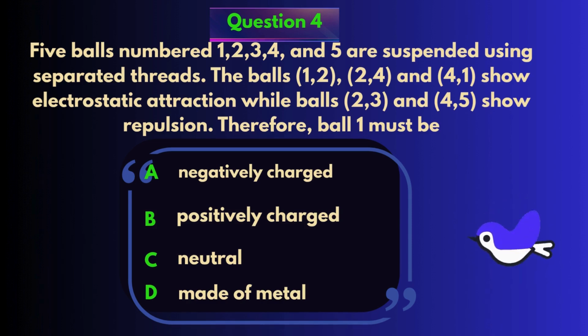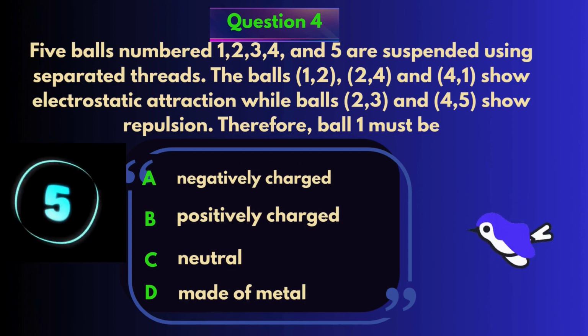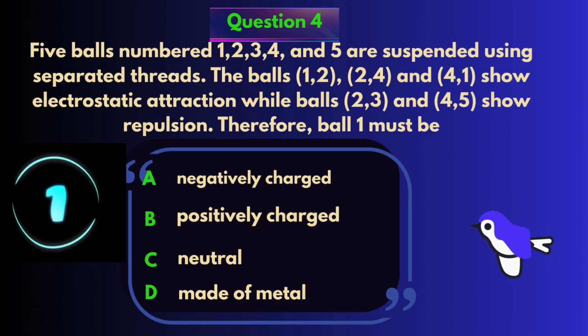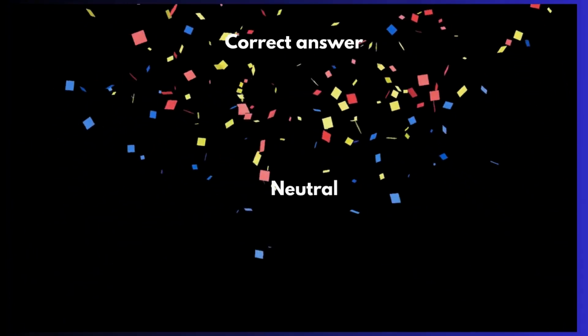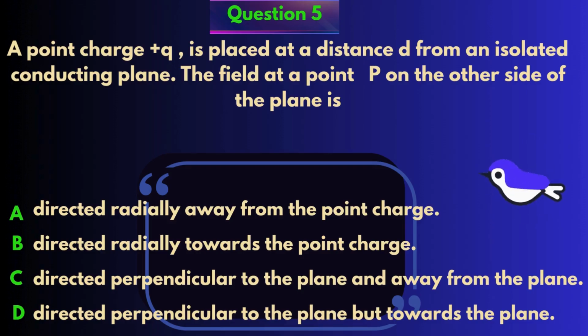Therefore, ball 1 must be Choice A, negatively charged. Choice B, positively charged. Choice C, neutral. Choice D, made of metal. Correct answer: neutral.